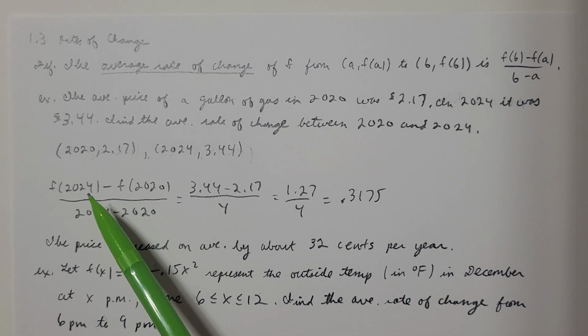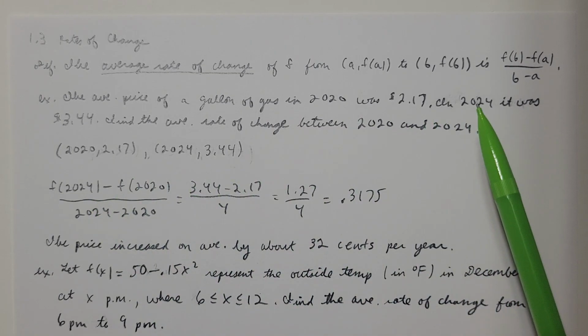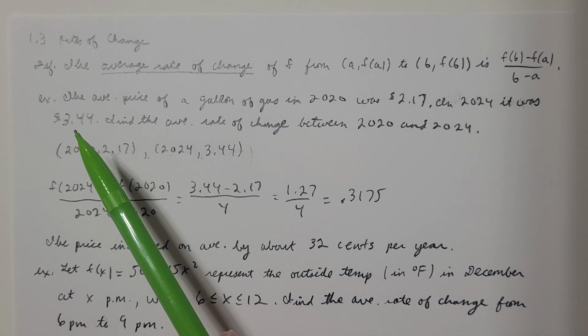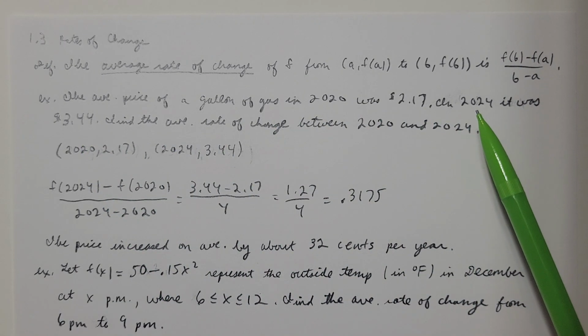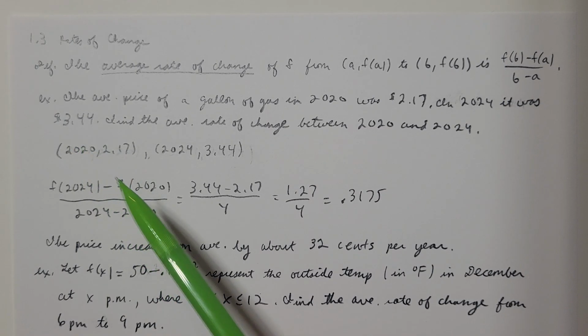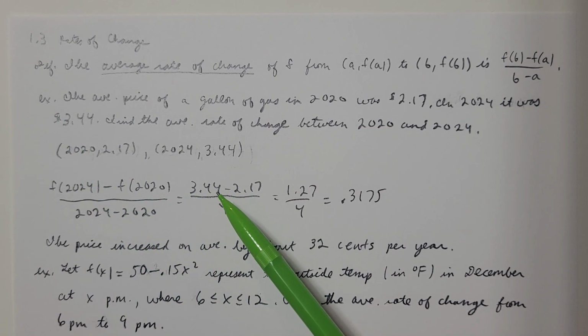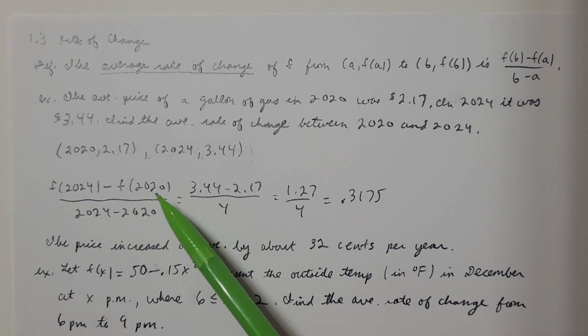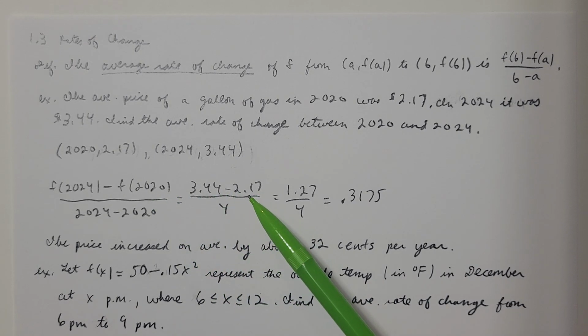F of 2024 is $3.44, right? Because they said in 2024 it was $3.44 for the price of a gallon of gas on average. And then in 2020, it was $2.17.